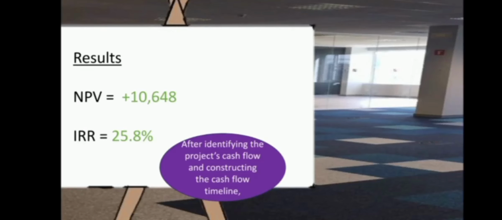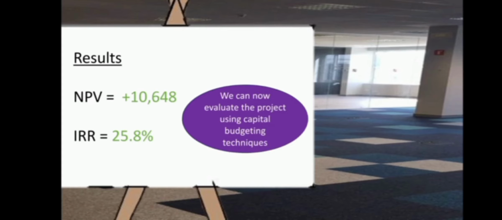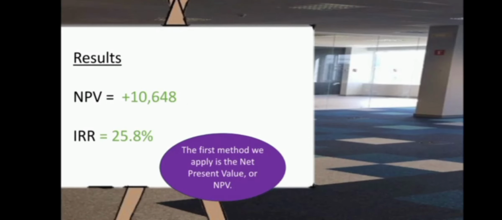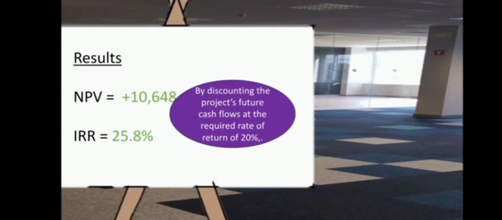After identifying the project's cash flows and constructing the cash flow timeline, we can now evaluate the project using capital budgeting techniques. The first method we apply is the net present value, or NPV.